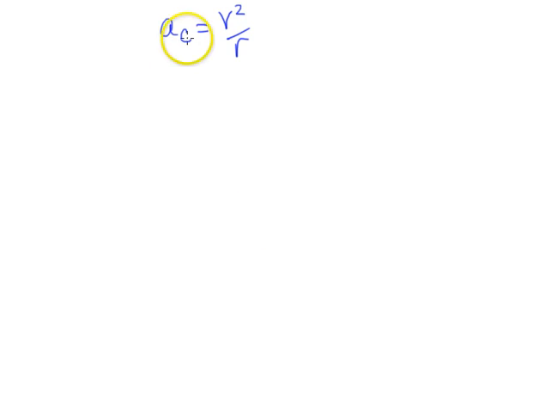So first things first, the centripetal acceleration is going to equal v squared over r. Now our velocity is 4 meters per second, so we're going to square that. Our radius is 1.5 meters. So what we're going to have is 16 divided by 1.5. Now 16 divided by 1.5, that's just going to be right over 10.